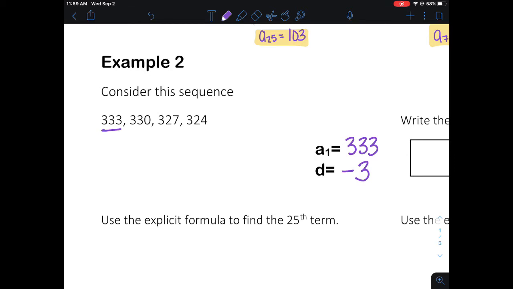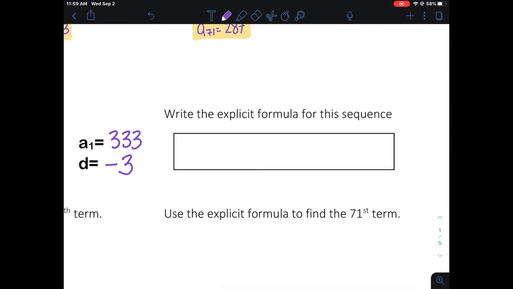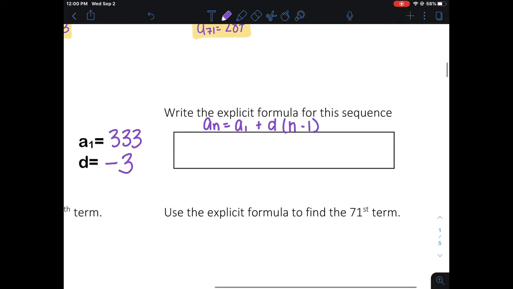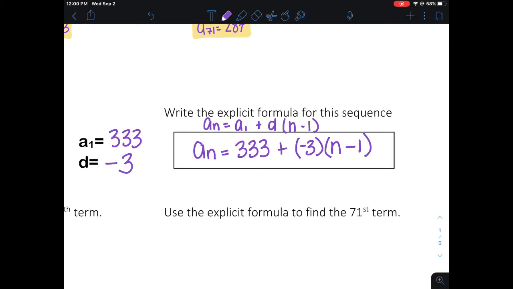From there, let's write our explicit formula. The explicit formula is A sub n equals A sub 1 plus D times n minus 1. So A sub n equals the first term, 333, plus my common difference times n minus 1.